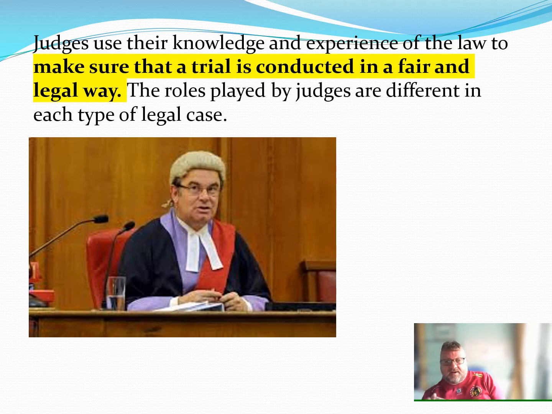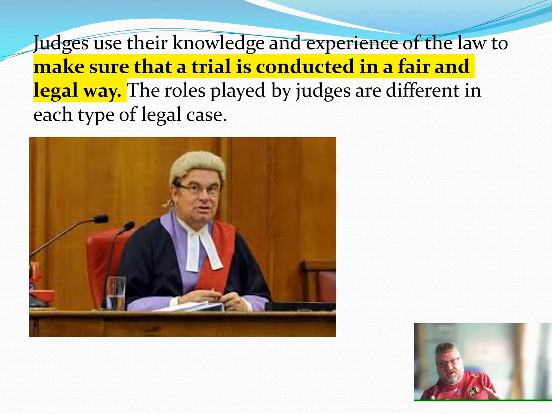Now, what I've done here, because quite often you'll get questions such as outline the role of a judge in a High Court trial, I've highlighted the role in bold and in yellow so you can make a note of what the role of a judge is. So judges use their knowledge and experience of the law to, first thing, make sure that a trial is conducted in a fair and legal way.